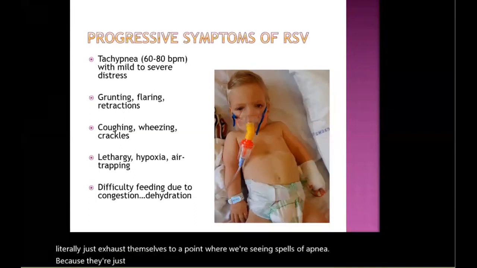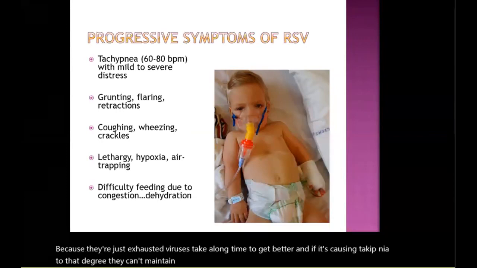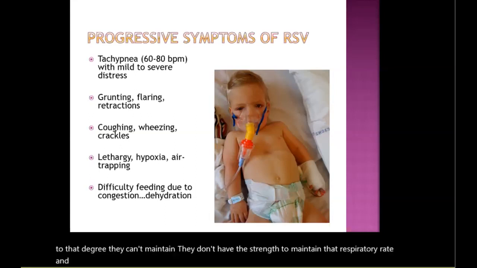Viruses take a long time to get better, and if it's causing tachypnea to that degree, they can't maintain. They don't have the strength to maintain that respiratory rate, and there's nothing we can do but let the illness run its course.